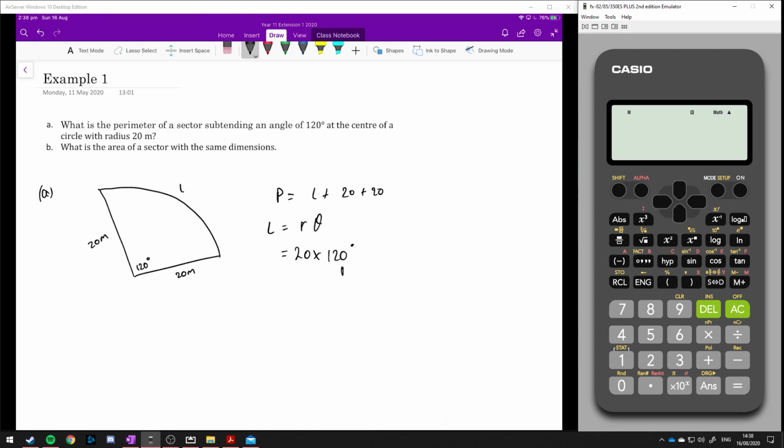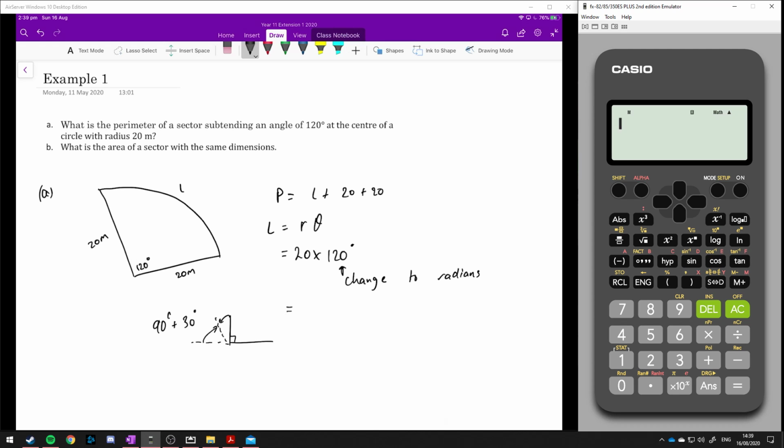So, change to radians. If we think back to our angles, 120 degrees is the same as 90 degrees plus 30, so a right angle and then 30 degrees in that direction. It's the same as pi minus 60 degrees, and 60 degrees is pi on 3.